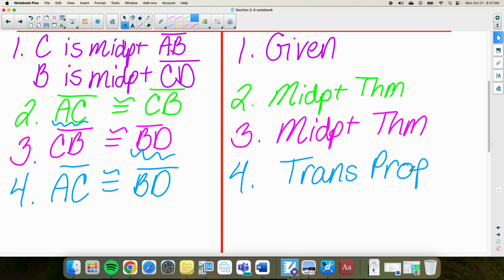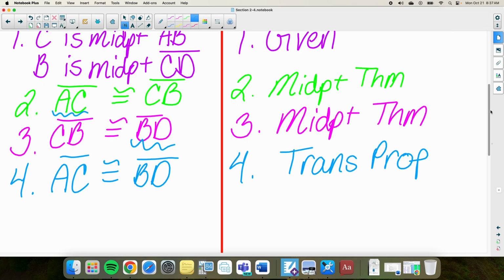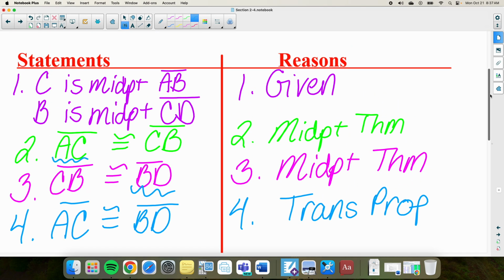Okay, so these are just some introduction ones that you're going to have that are geometry. I can tell you on the worksheet today, I think you might have one that's a geometry proof. But on your quiz that's coming up on Wednesday, they're all algebra. So those ones should be easier for you.